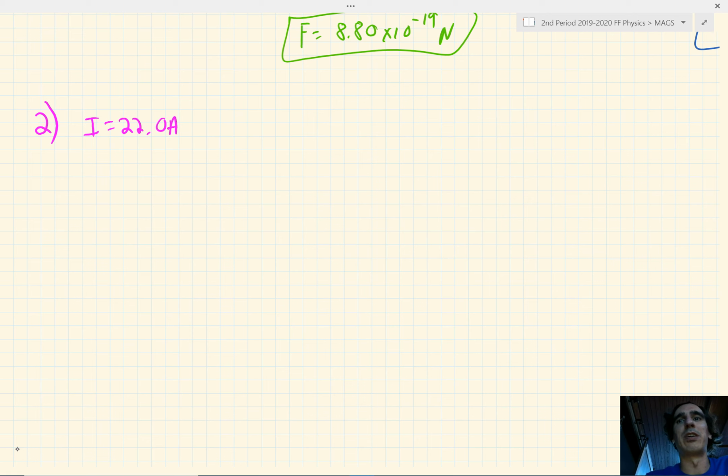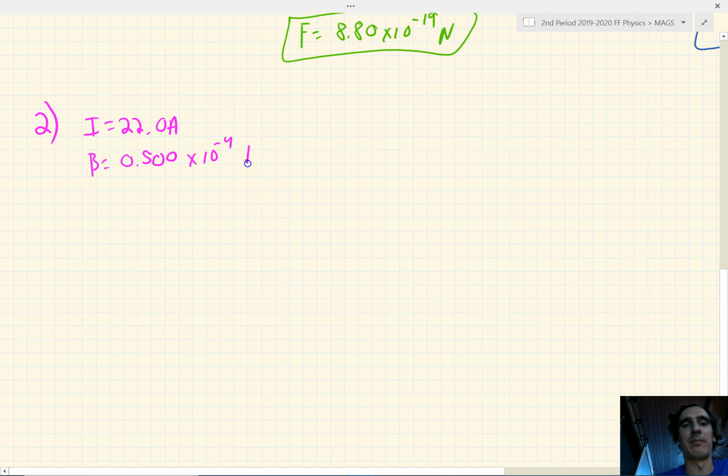Assume the magnetic field of Earth at this location is horizontal and directed from north to south, and it has a magnitude of 0.50 times 10 to the negative 4th teslas. Find the magnitude and direction of the magnetic force on a 36 meter length of wire. So we're also told the length of the wire is 36.0 meters.